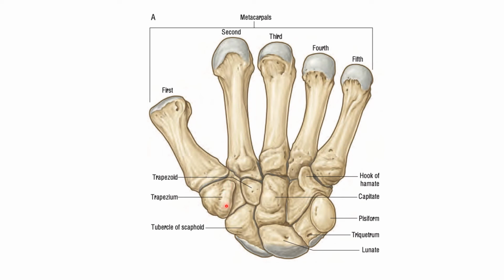Because now we are going to see the site of attachments of intrinsic muscles, you need to have the understanding of the location of crest of trapezium, tubercle of scaphoid, pisiform bone, and hook of hamate.